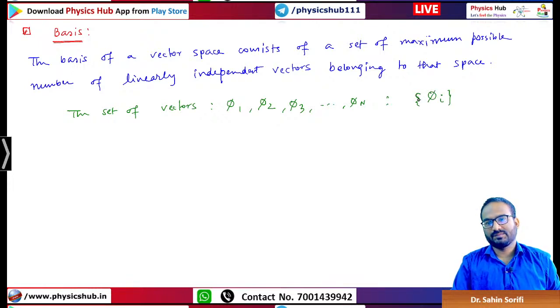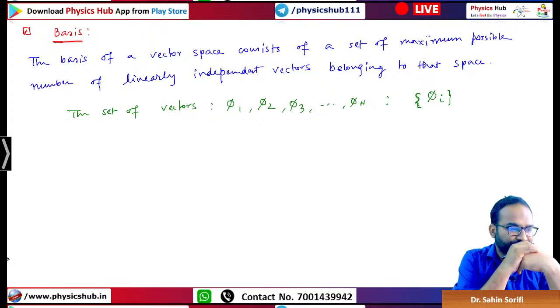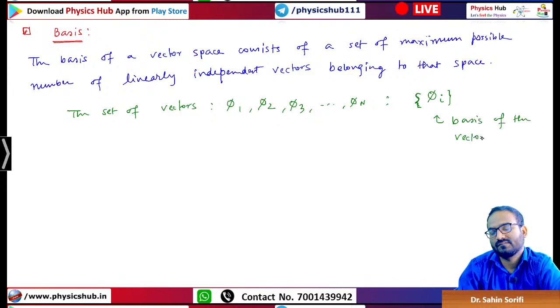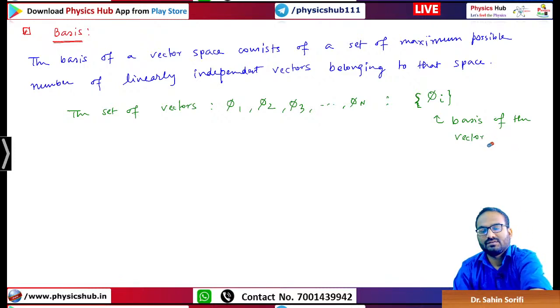In this way we represent this set of vectors. So this phi_i is called the basis of the vector space. This set of vectors is known as the basis of the vector space.